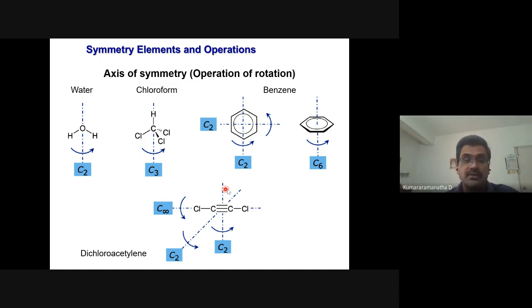But if you take a line passing perpendicular through the triple bond, you get a C2. C2 means 180-degree rotation. And even if you pass it through the center, it is a C2 kind of rotation. So these are different examples of why we want to introduce symmetry into organic molecules.